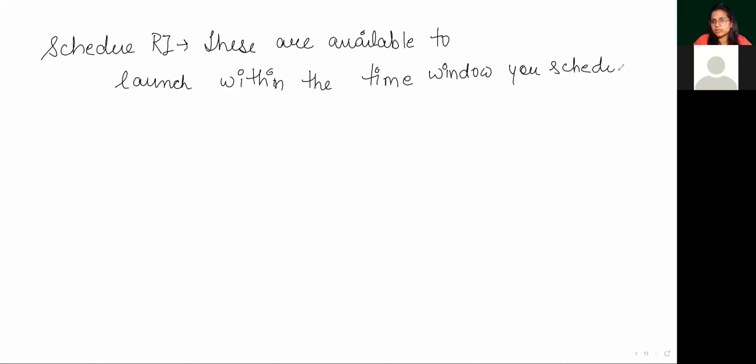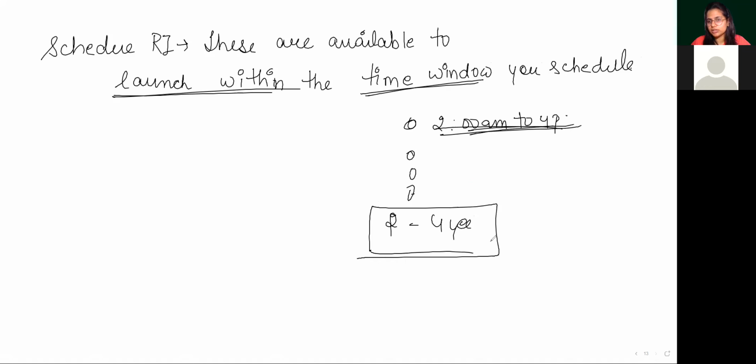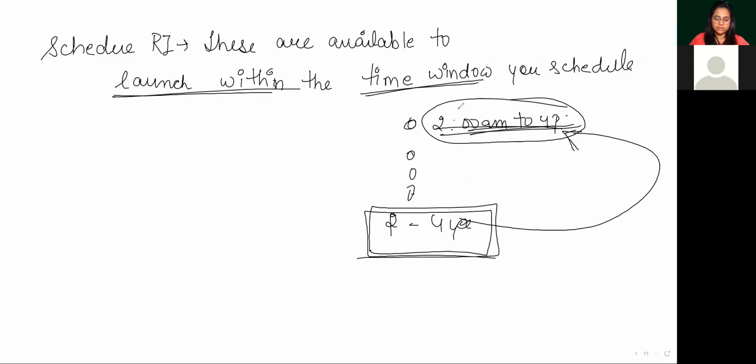It is the same as a scheduled instance, but in this you can specify the time also. Like I want it from 2 a.m. to 4 p.m. every day, for 1 to 4 years. You can specify the reserved time as well as the particular time at which you want to run this EC2 instance. Got it.